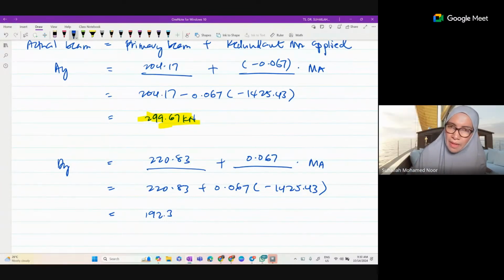Okay, kalau nak pakai 3, pakai semua 3 decimal point. Nak pakai 2, pakai semua 2 decimal point. Okay, kilonewton, 192.33.